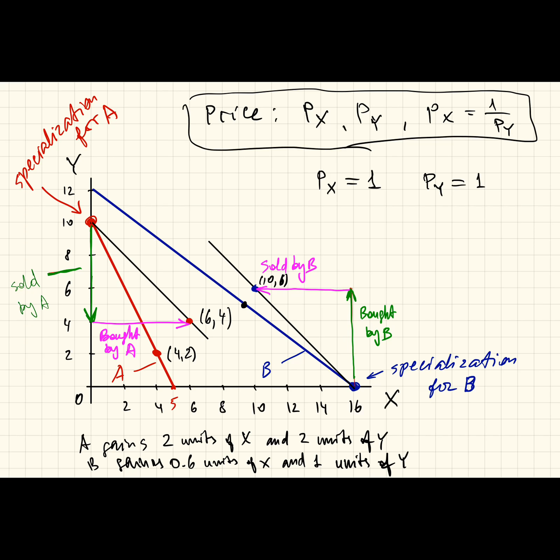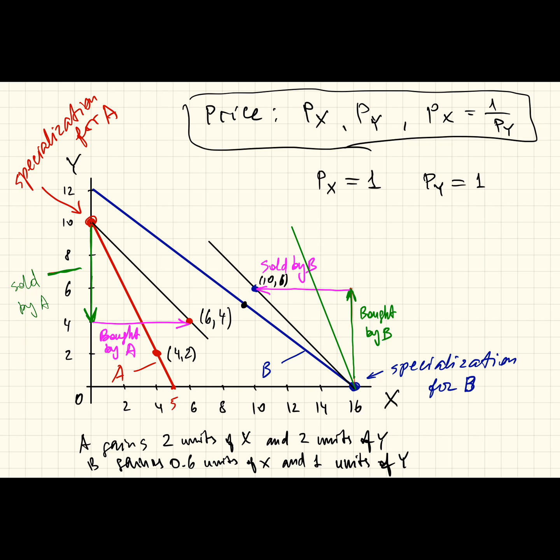That's the way it works. So let's say person B gets somehow pushy and is able to push the price of his good up. Because again, he's making good X, so this is what he's selling. So person A will be buying good X and selling good Y. So if person B is pushing the price of good X up, what it does is it actually tilts the price line further out.